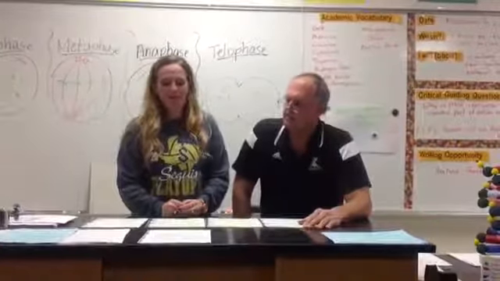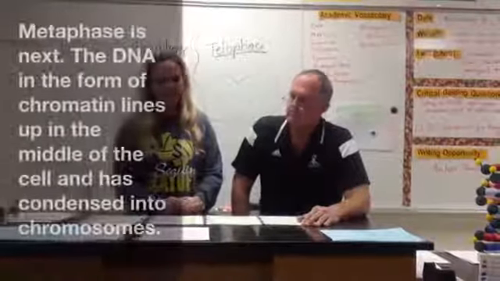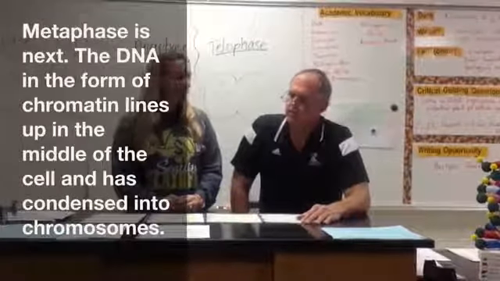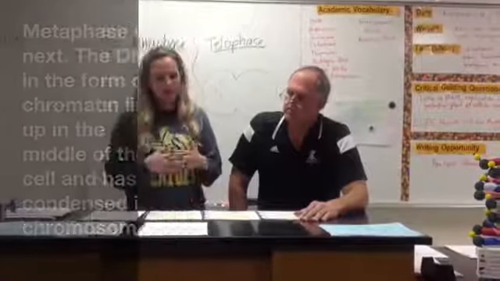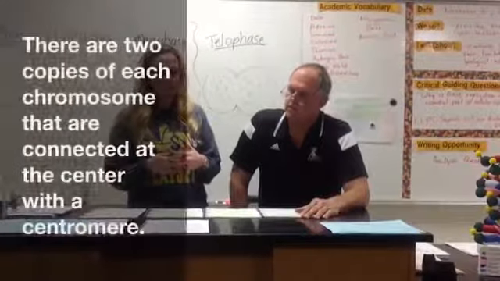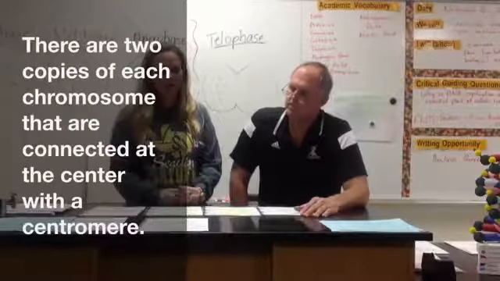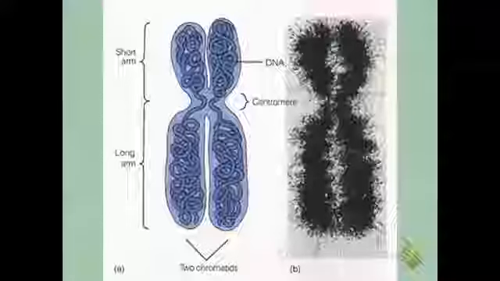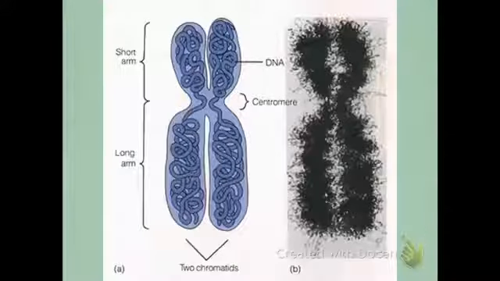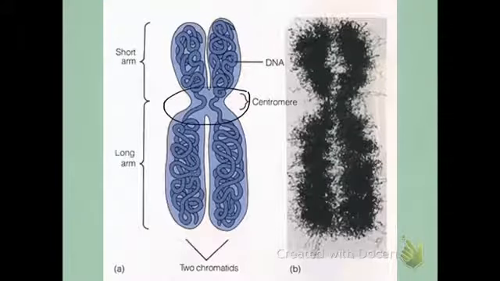In prophase, DNA replicates. What's next? Metaphase. Metaphase is when all of the pieces are lining up for the big split. The DNA lines up along the middle of the cell, and the DNA, or chromatin, has condensed into chromosomes. There's 2 strands of chromosomes that are connected at the center with a centromere. The DNA is wound up in chromosomes. Notice the 2 chromatids and the centromere here in the center.